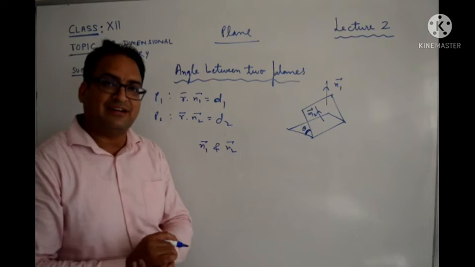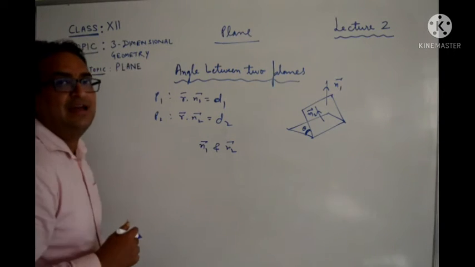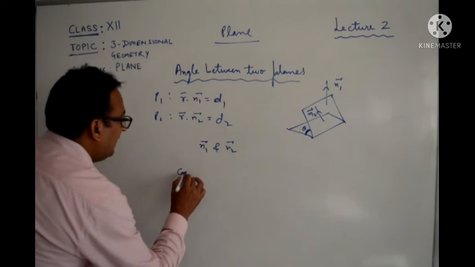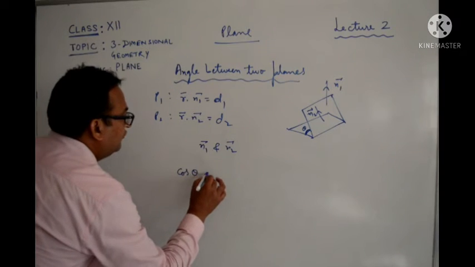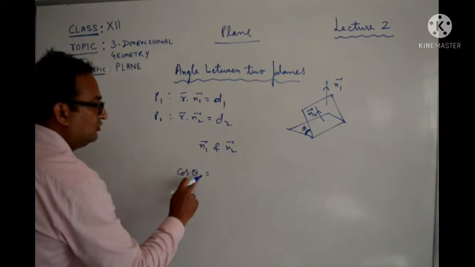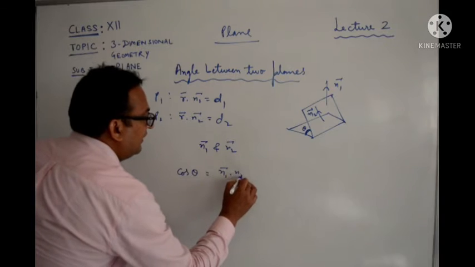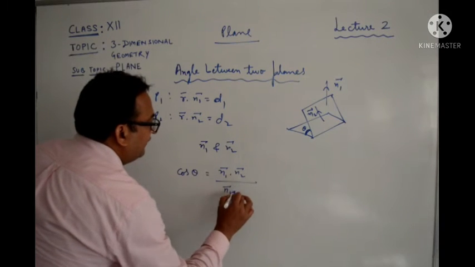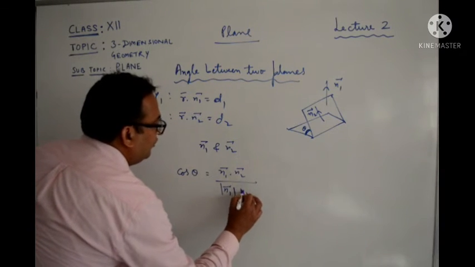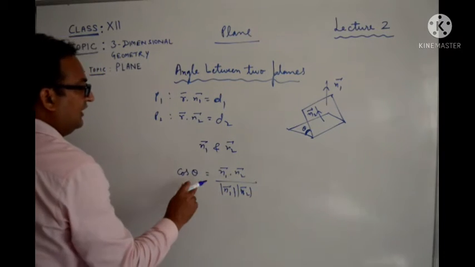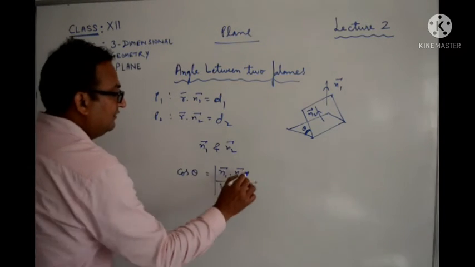From the topic vector algebra, you know how to find the angle between two vectors. The angle between two vectors n1 and n2 will be theta, say. So cos theta will be n1 dot n2 upon the magnitude of n1 and the magnitude of vector n2, and if we have to find the acute angle, then take the modulus of this.